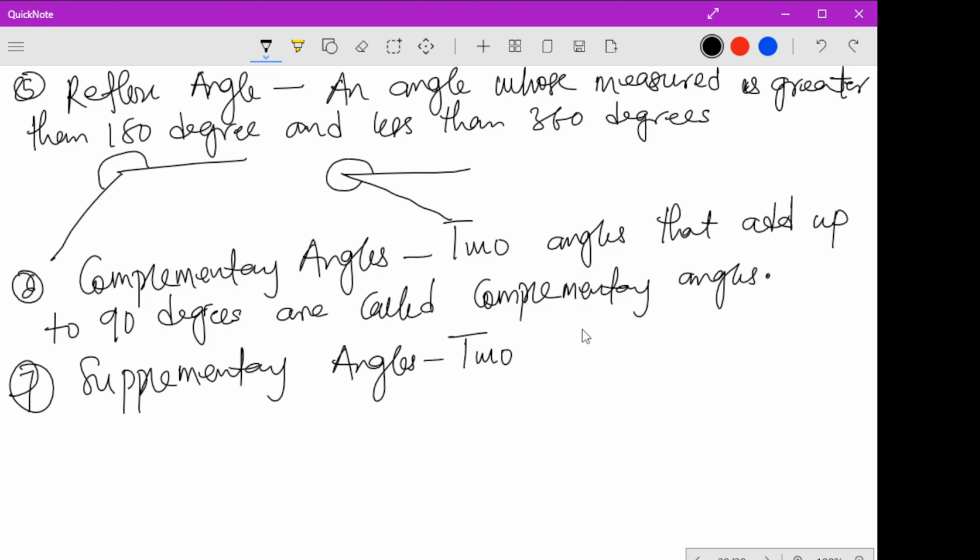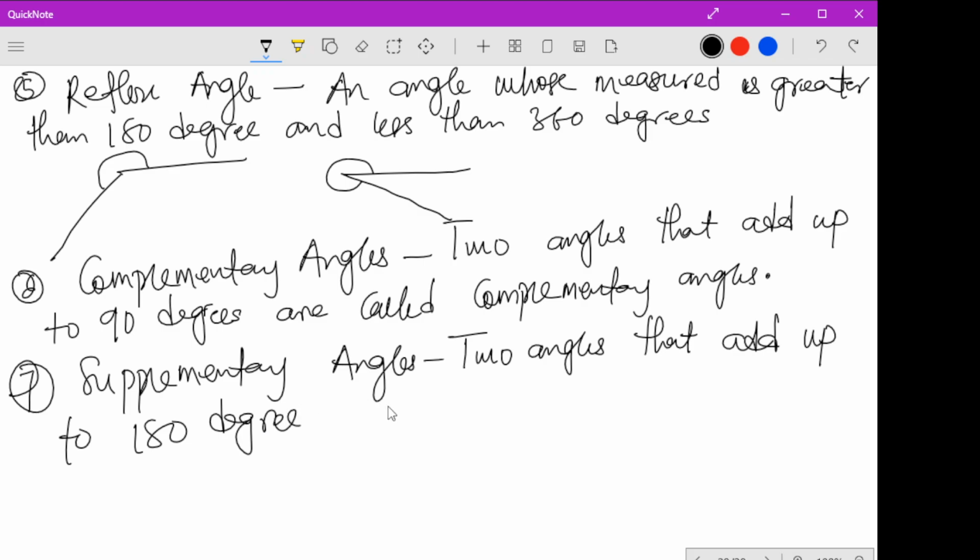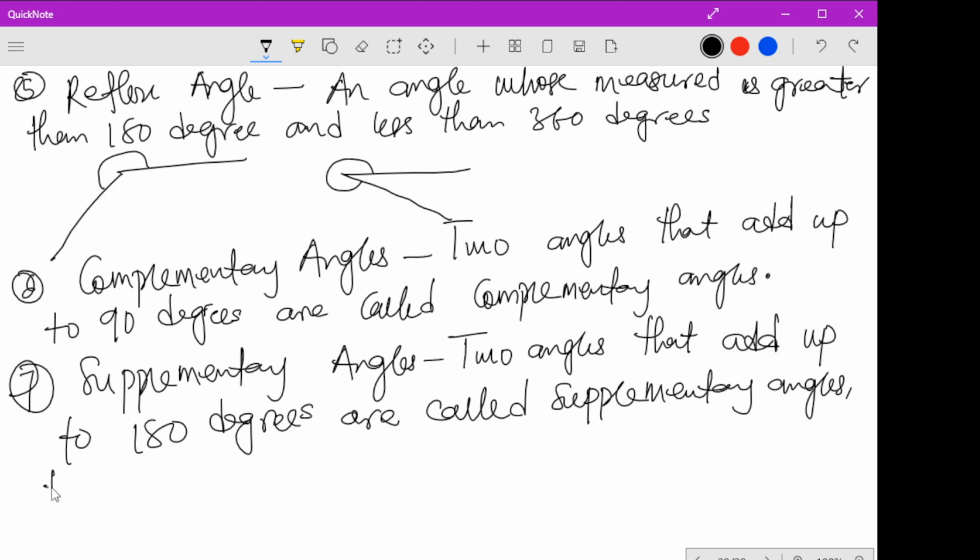Two angles that add up to 180 degrees are called supplementary angles. They do not have to be adjacent.